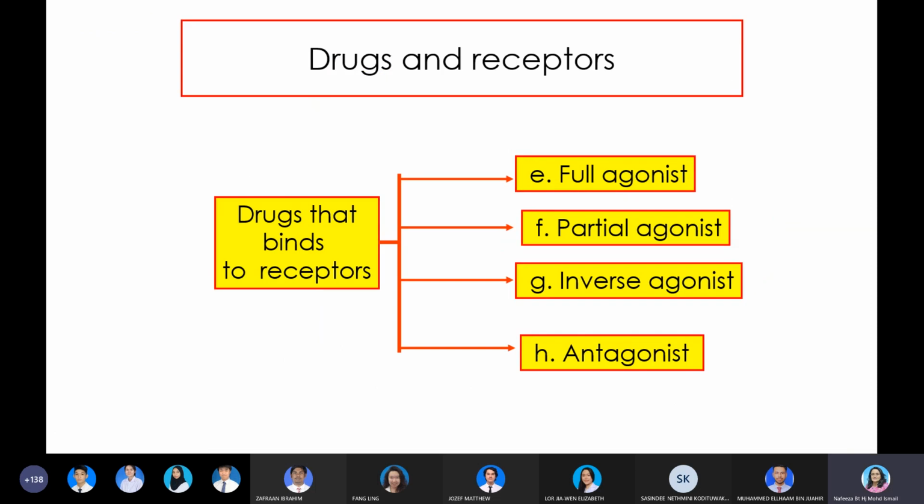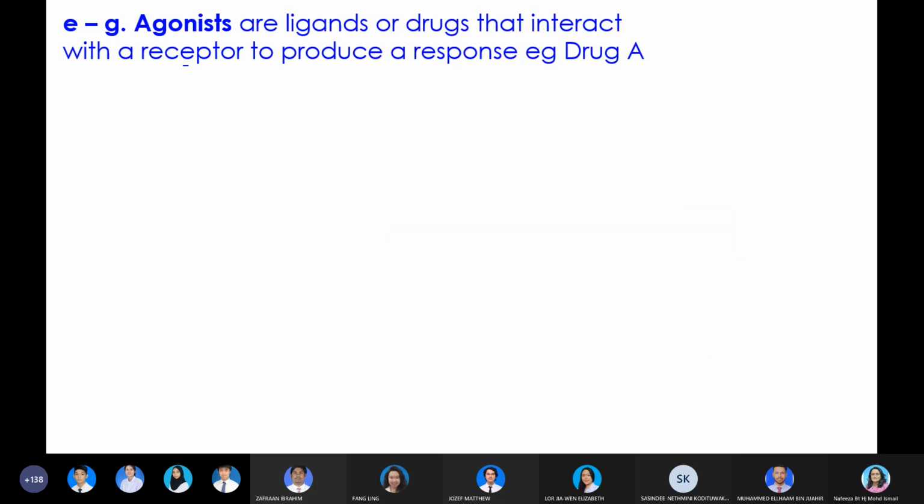So now we come to the various terminologies, which is agonist, full agonist. These are drugs that bind to receptors. Remember, all these drugs, whether they're full agonist, partial agonist, inverse agonist, antagonist, they can all bind to the receptor. Let us see agonists first.